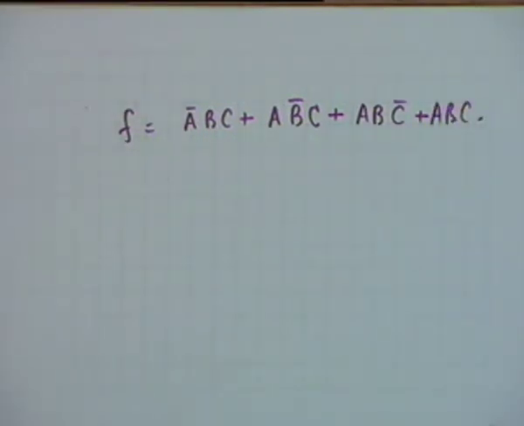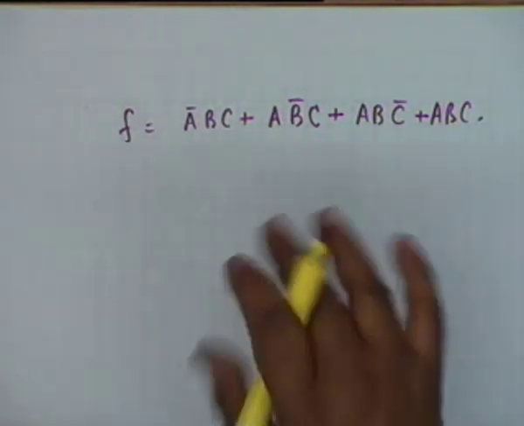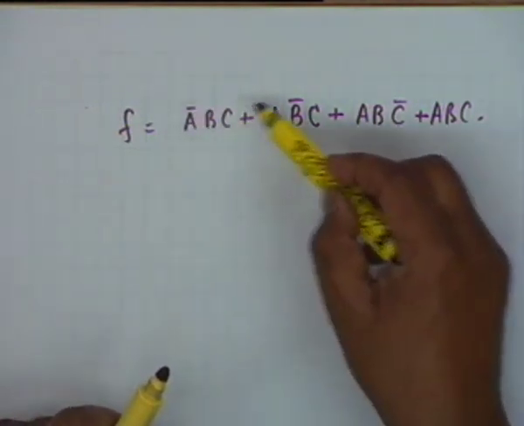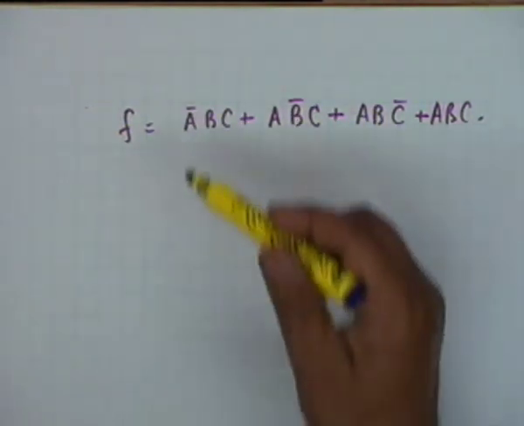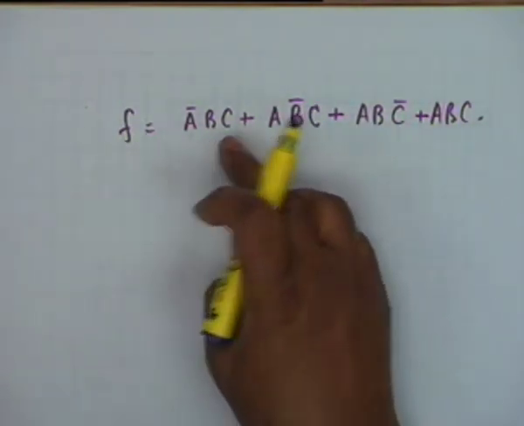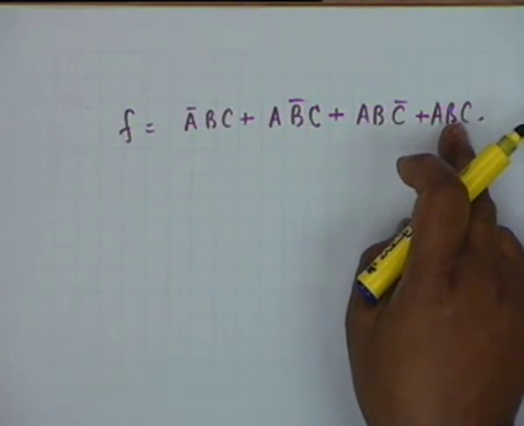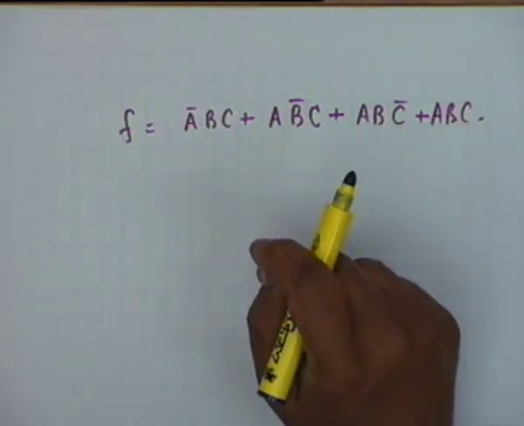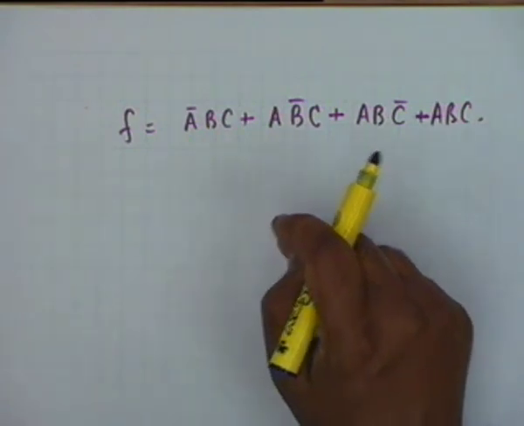Now, I want to make a digital circuit to realize this. You see, if I make a straightforward realization, then you require 1, 2, 3 inverters, A bar, B bar, and C bar, 3 NOT gates, 1, 2, 3, 4 AND gates, 4 AND gates, and how many OR?